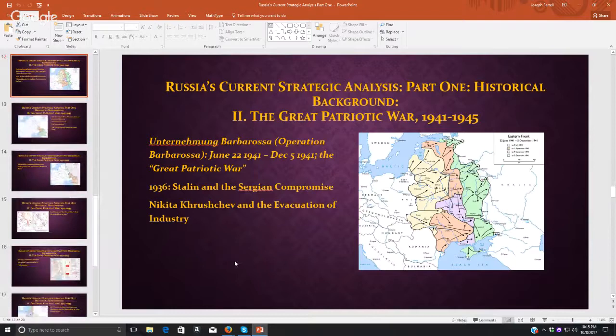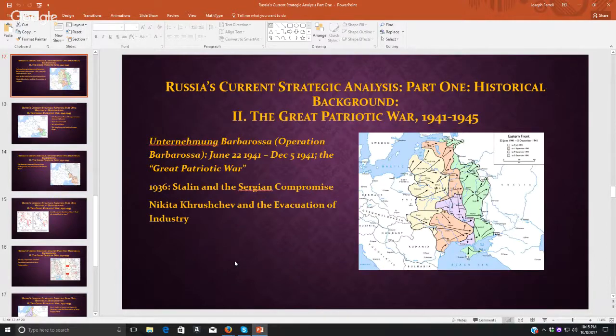All right. So let's move along to the next big crisis. And I'm going to be spending some time with this because I truly don't think most people, in America especially, really get or understand the massive nature of the conflict in World War II on the Eastern Front.